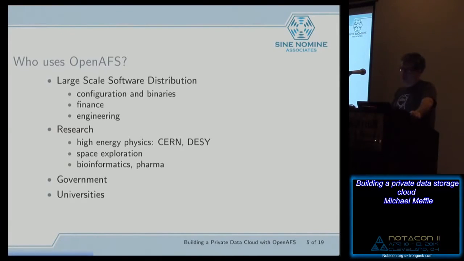There are large multinational engineering companies. They store a lot of information about the products that they're building. Basically, all your fighter jets and your cell phones use AFS, or the files that store those are in AFS, like the CAD drawings for those.